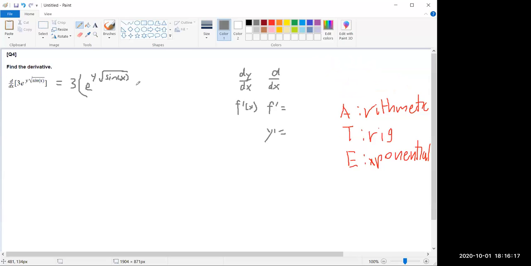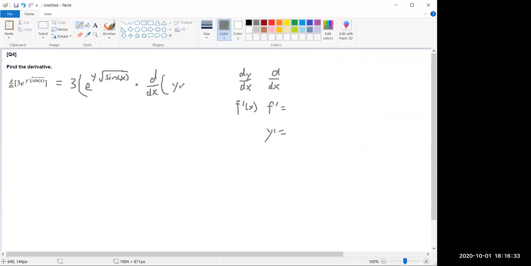And then we have to multiply by the derivative of the exponent. So that's from chain rule. So before I take the derivative, let me just write down that I'm going to take the derivative. So it's times d dx of this.